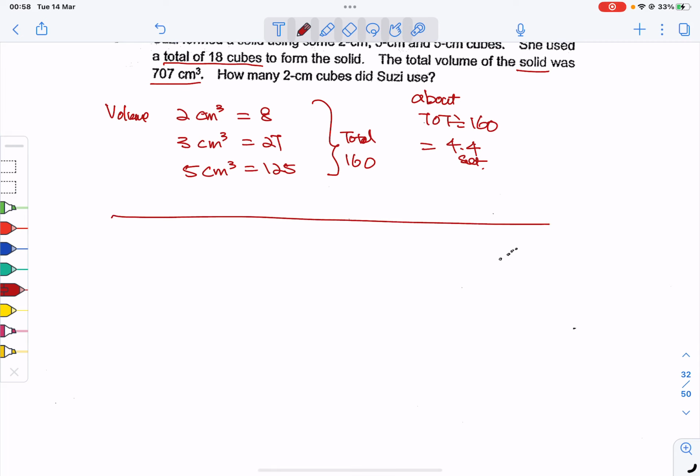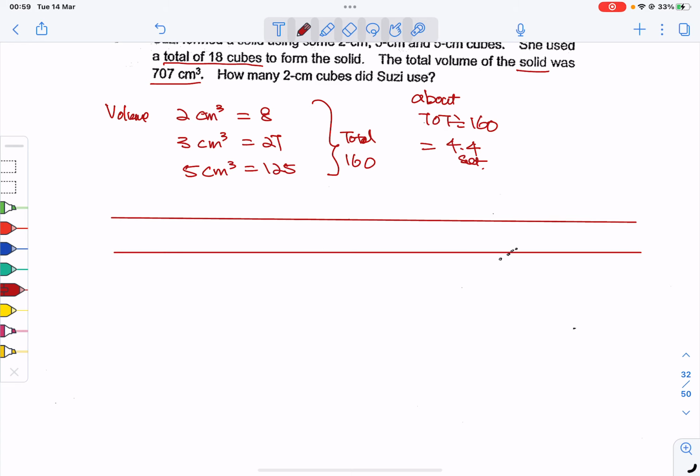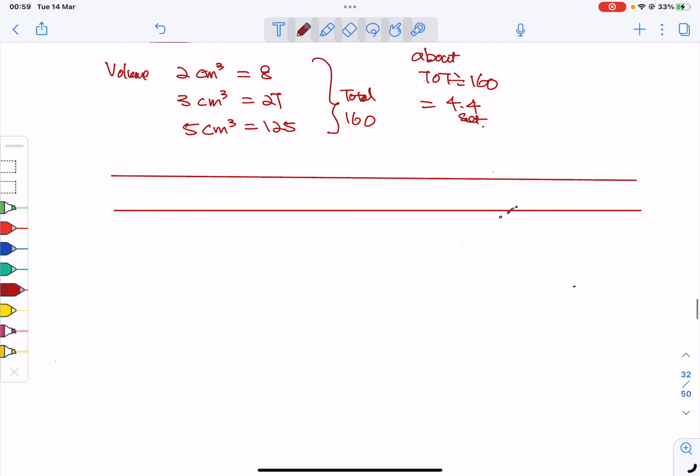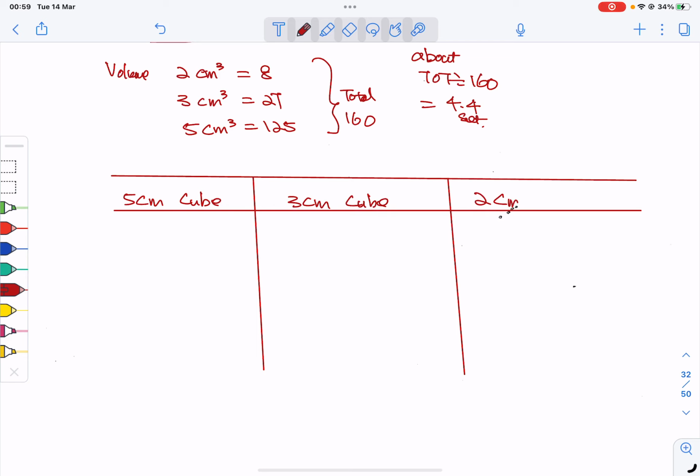Okay, so here, we will put down the 5 cm cube, 3 cm cube, and 2 cm cube. So if we guess, this is guess and check.